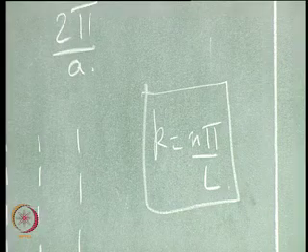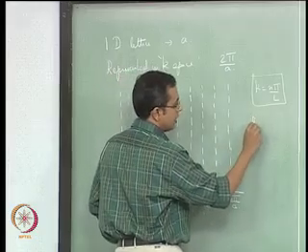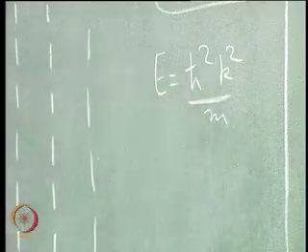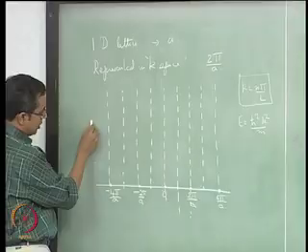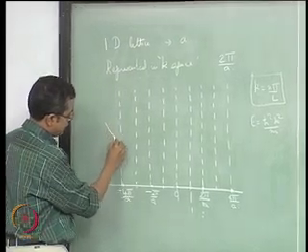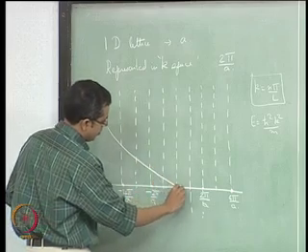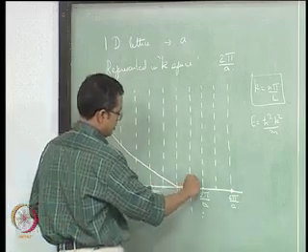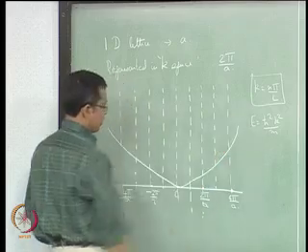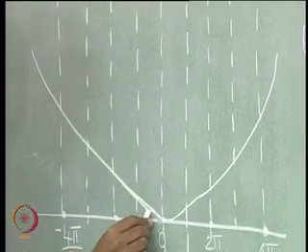So the discrete set of points will now have the original E versus K relationship, which is E equals h bar square K square by 2m. So that same parabolic curve we will draw here. Okay, so this is an approximate parabola, may not be the best parabola, but you can still see the basic idea here.